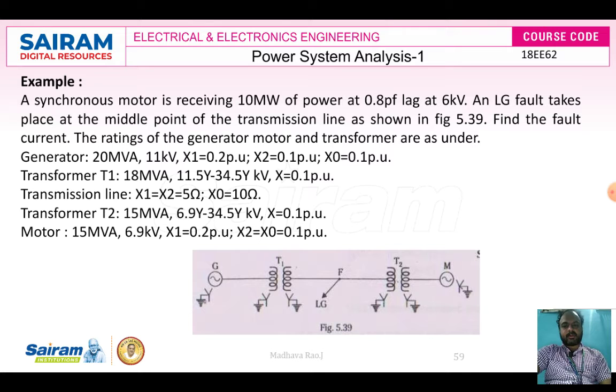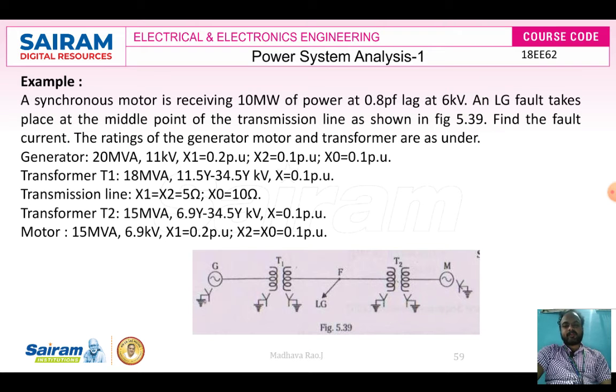And transformer 2 is rated 15 MVA, 6.9 to 34.5 kilovolts, primary and secondary voltages, and the reactance of transformer 2 is 0.1 per unit.